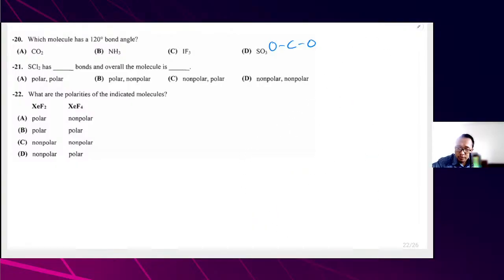So we need to have 3. Okay, this should be 3. Not this one. We eliminate this one, and then this one has lone pair. It should be not.